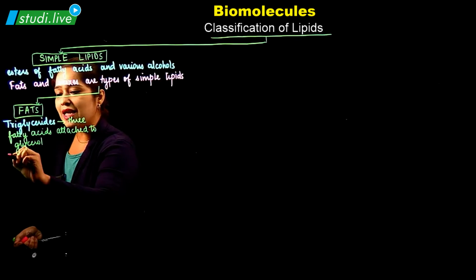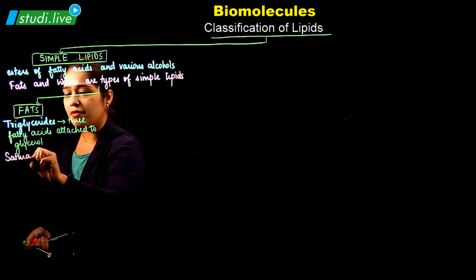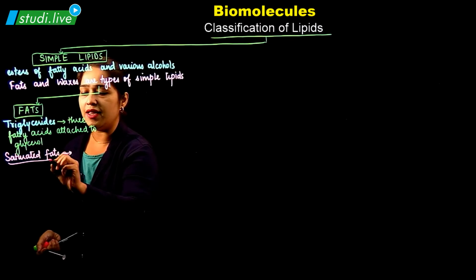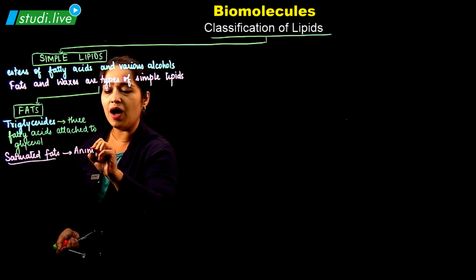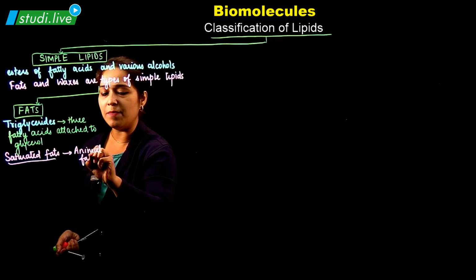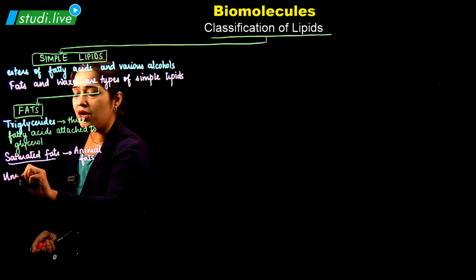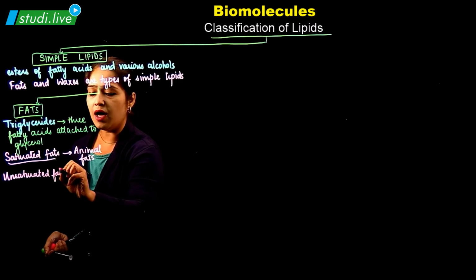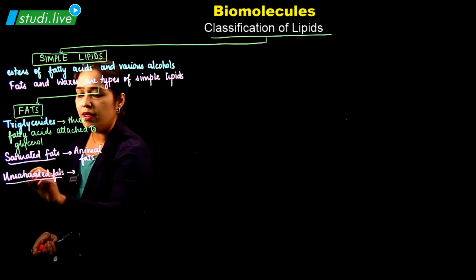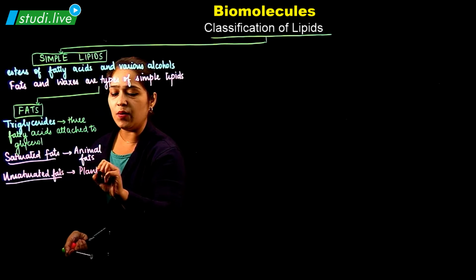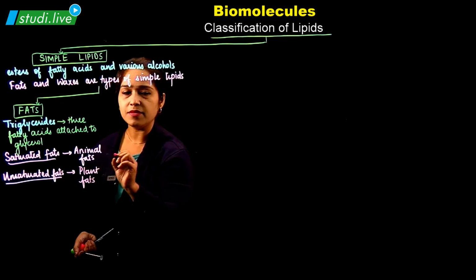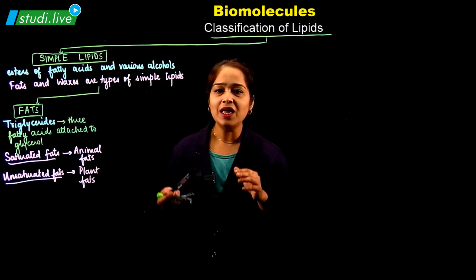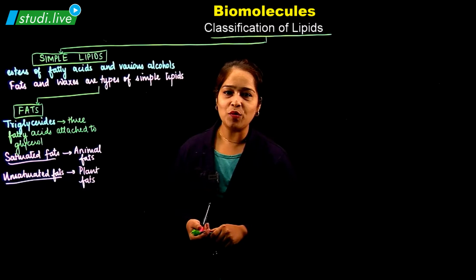They are saturated fats or unsaturated fats. The saturated fats are the animal fats which are solid at room temperature, and the unsaturated fats are the plant fats which are liquid at room temperature. So they are triglycerides, where we have three fatty acids attached to a molecule of glycerol.